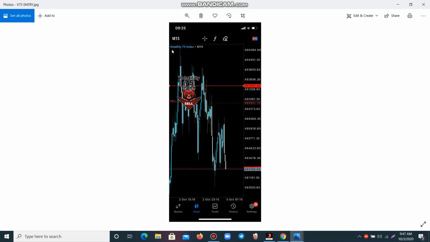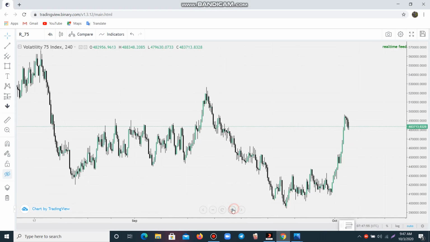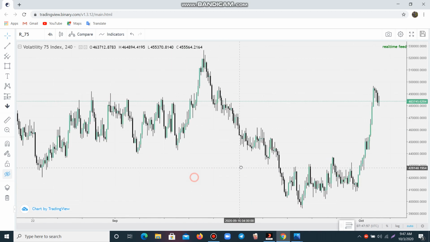I was supposed to take it on top as a snipe entry, but since I was not in front of my chart, I forgot to leave a pending order. So I took it somewhere here because I know the price action is still valid and I know where the market is going. This is the price action that you and I are going to study.